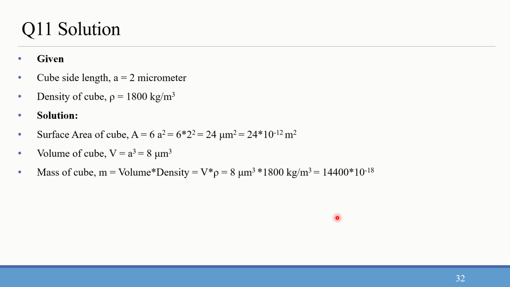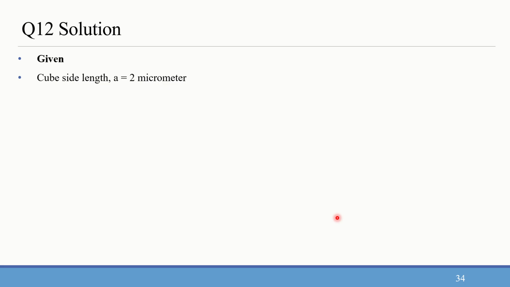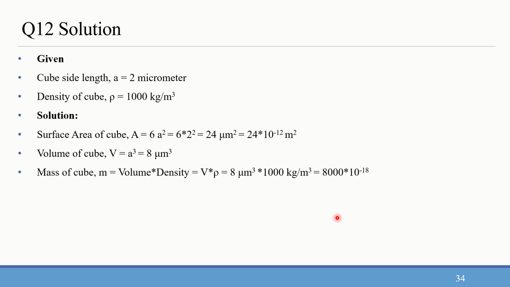So here the mass is 14,400 or 1.44, and there the mass is low compared to this, 8,000 only. So for the same material, if a particle's density is high, its mass will be high. If density is low, mass will be low.